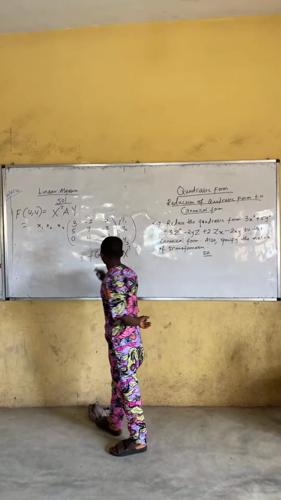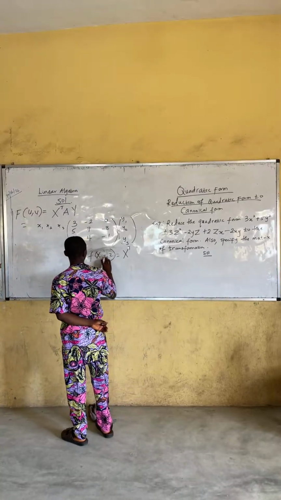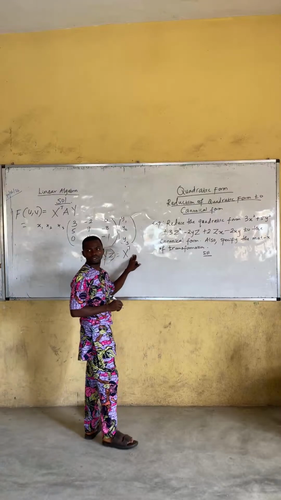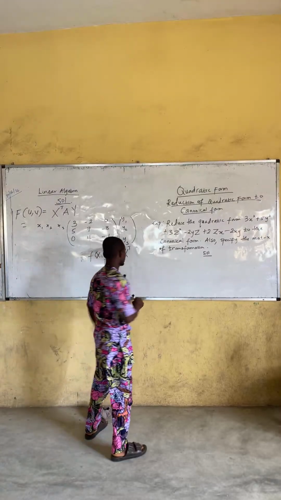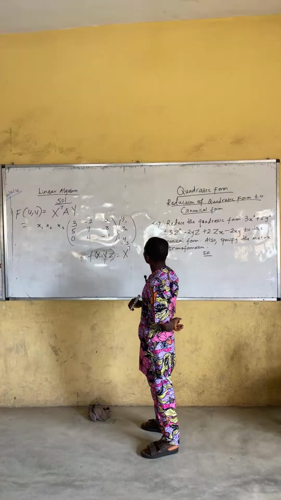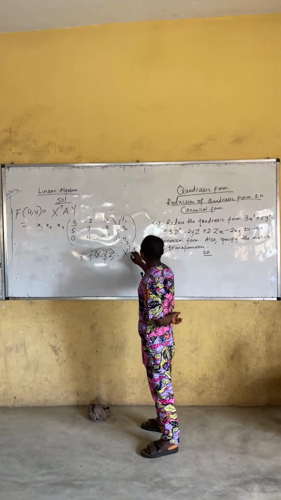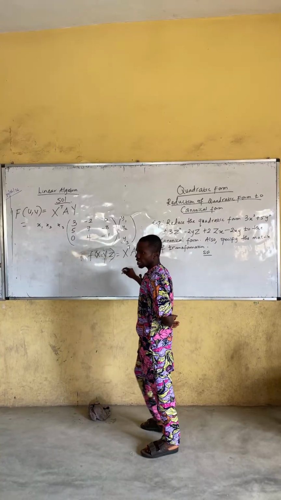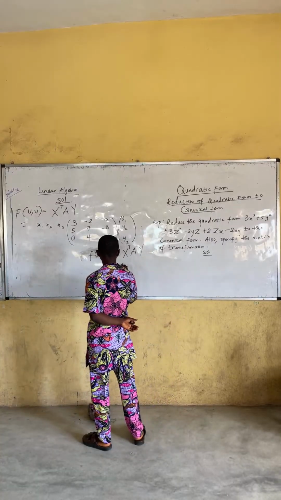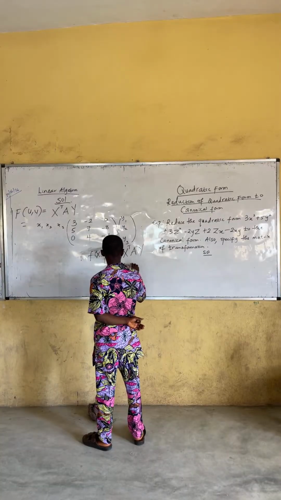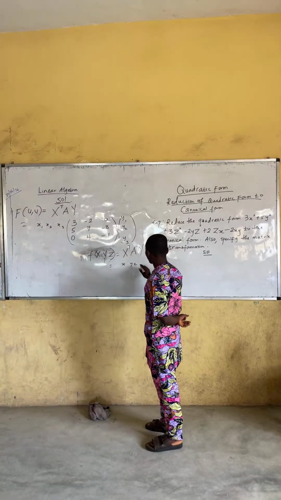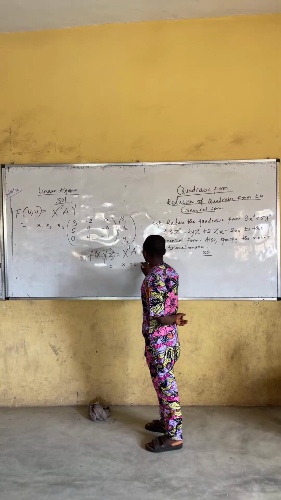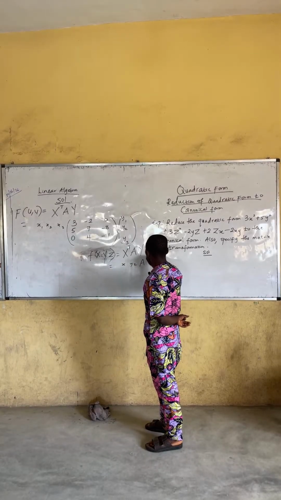Let me say x, y, z transpose of x, multiply by A, and multiply by y. But in this x, there is x, y, z, which is the transpose. Then multiply by the matrix A.